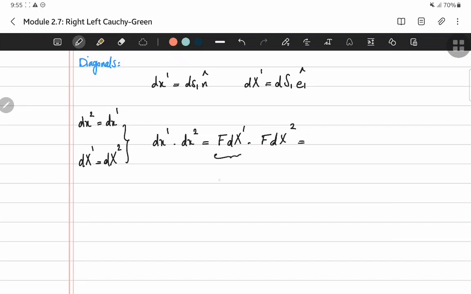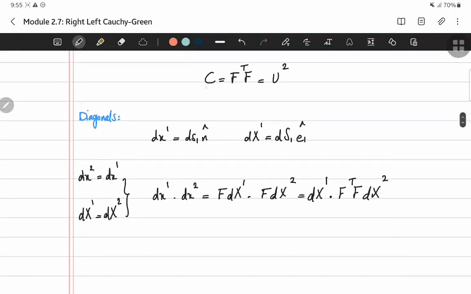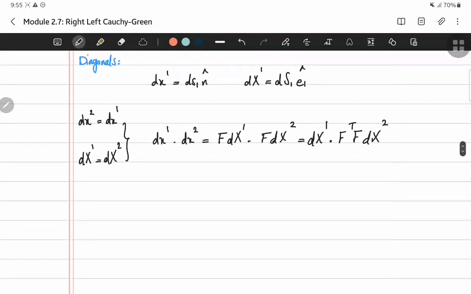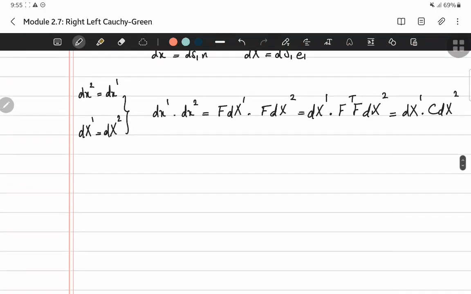This one I can write as dX1 dot F transpose F dX2. And this is nothing but C. So this is dX1 dot C dX2.